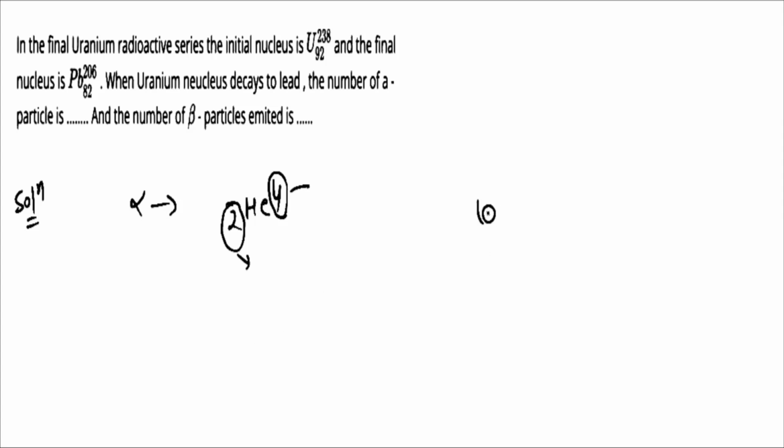Let us take uranium 238 with atomic number 92. When it emits the alpha particle, the daughter nucleus, let's say A, will have atomic number 90 and mass number 234. Then the alpha particle is emitted.